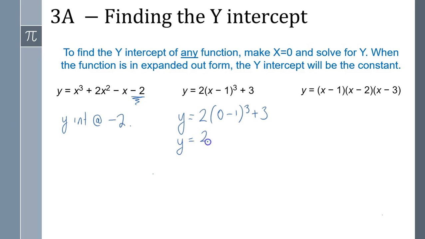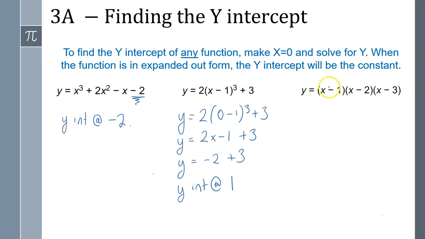So -1 cubed is -1. Y equals -2 plus 3. So the y-intercept's at 1. So it's not that one there. That is part of the point of inflection, but it is not the y-intercept.